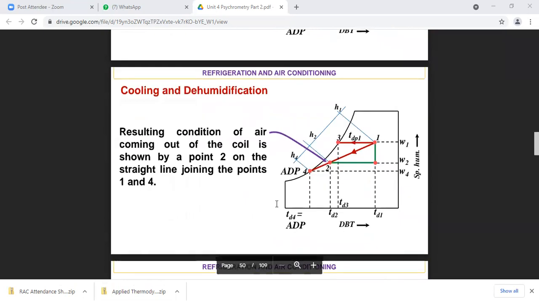The condition of the air coming out of the coil is shown by this point 2 on the straight line joining 1 to 4.